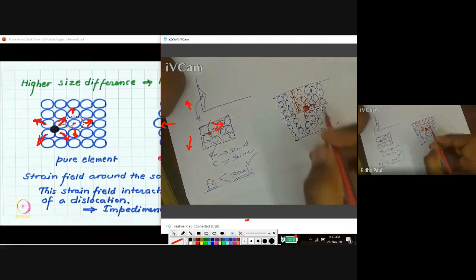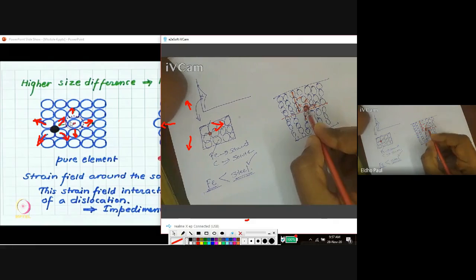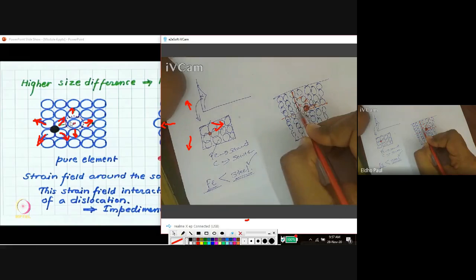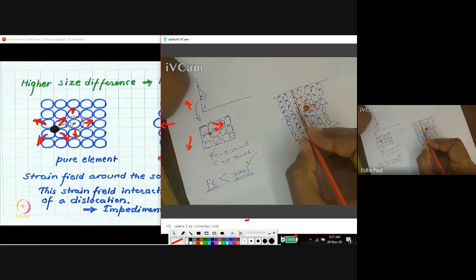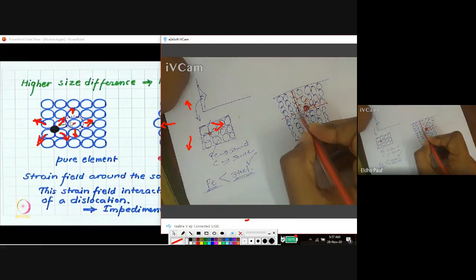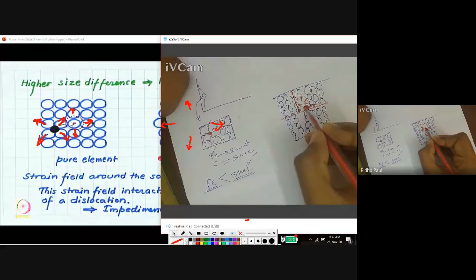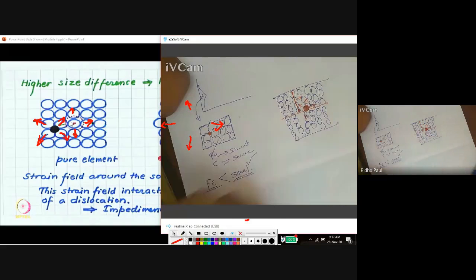If this stress field is tensile and the dislocation line also has imperfection, that imperfection also has a stress field that may be tensile or compressive. If both are tensile, they offer a repulsive force.